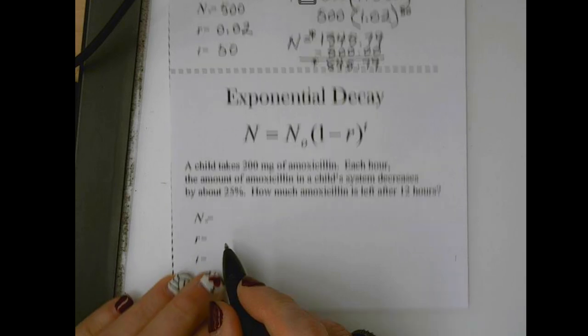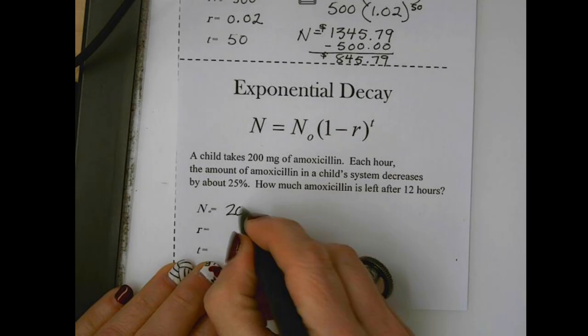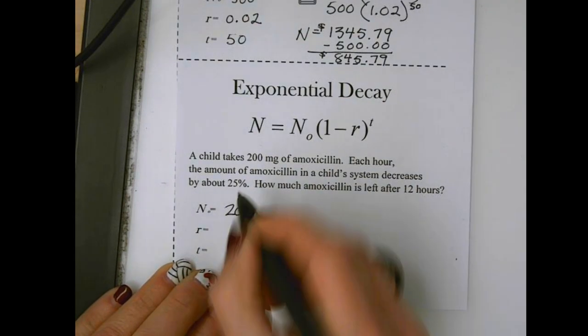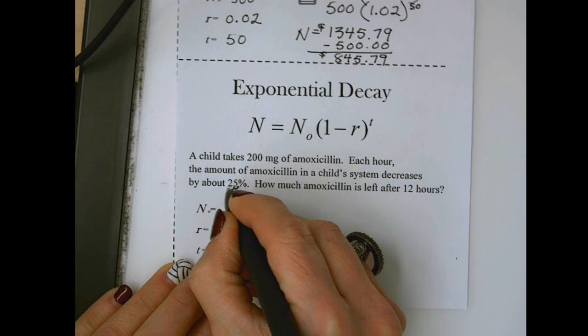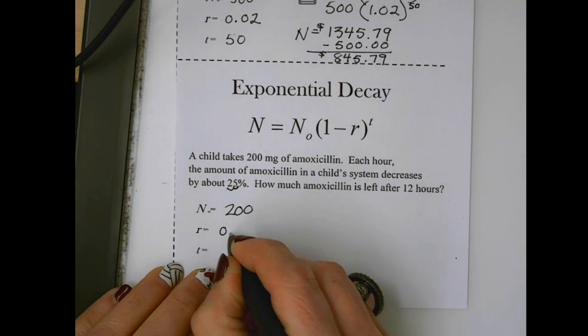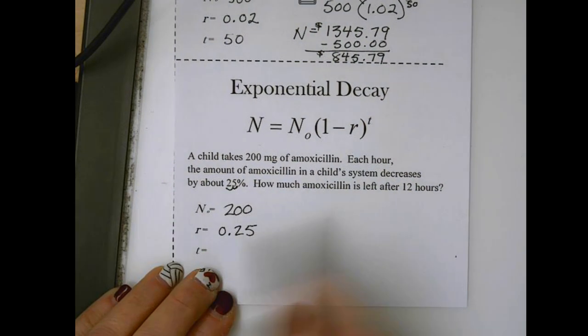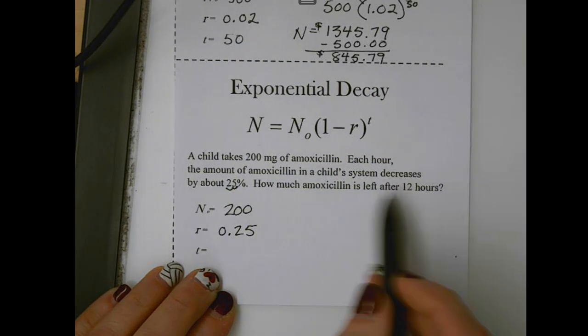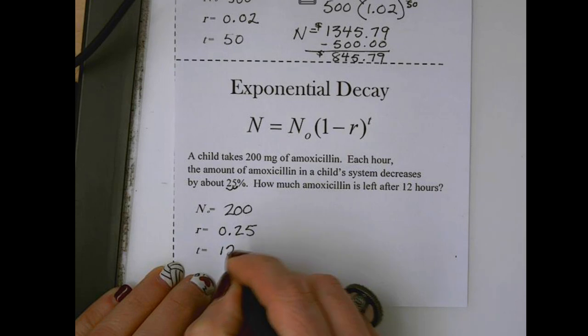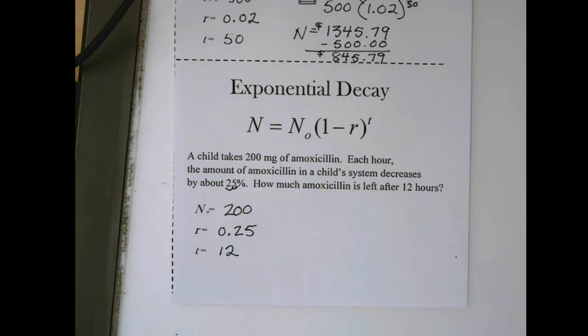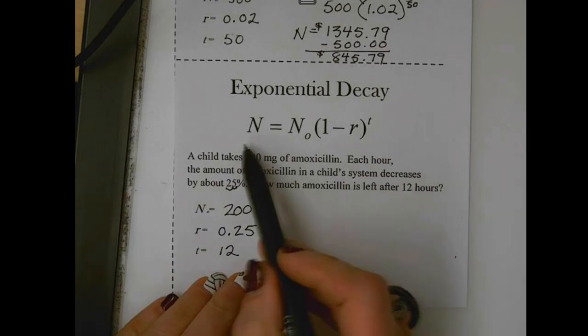We have our initial amount is 200. The rate is 25%. So again, we're going to move it 2 to the left. 25% is 0.25. And then the time, sometimes time can be years, it can be hours. In this example, it's going to be hours. So over a 12-hour time, how much would you still have left in that child's system? Here's our formula.